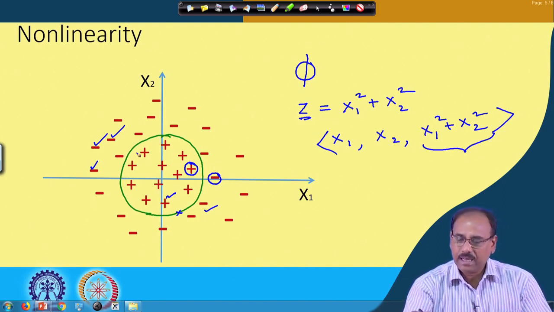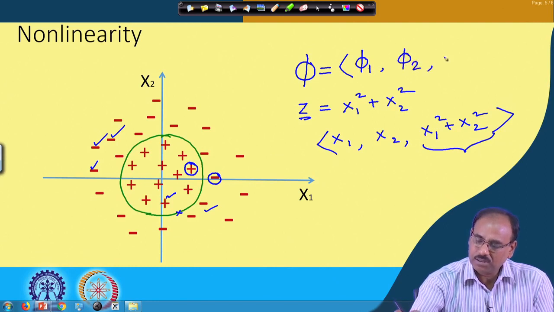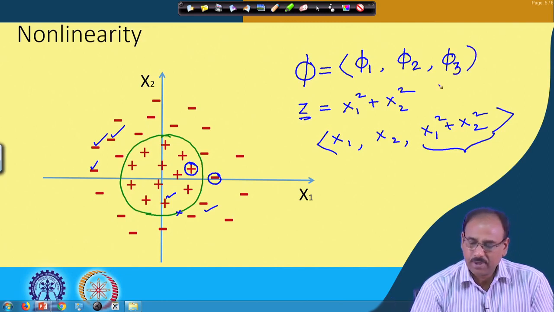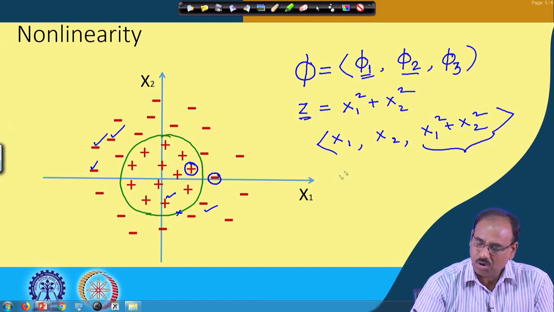And we can say that this is being done by a nonlinear mapping phi, and this phi is nothing but a collection of three functions phi 1, phi 2 and phi 3, where phi 1 and phi 2 work on x1, x2.